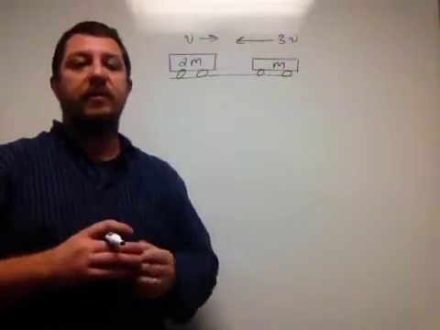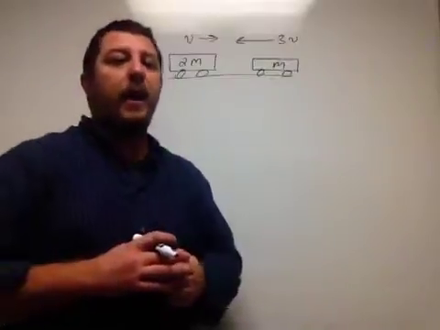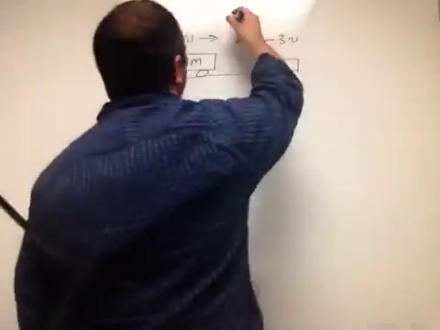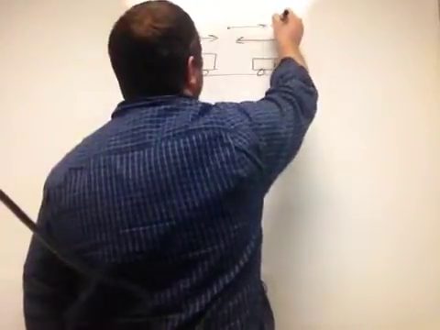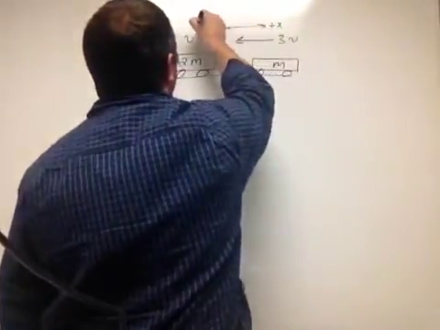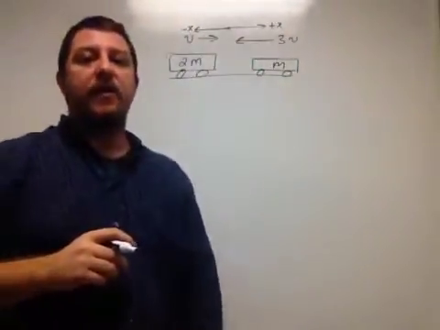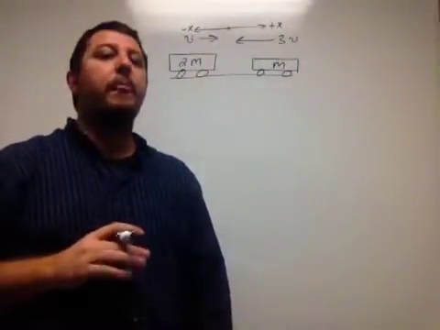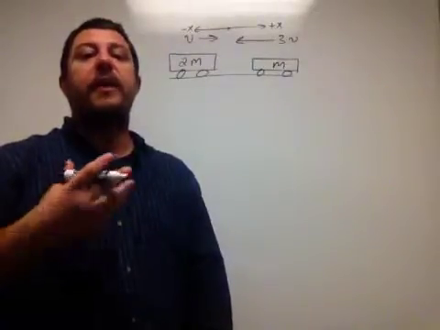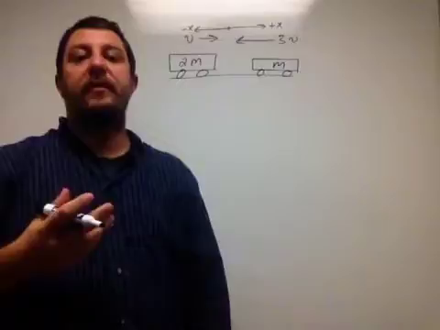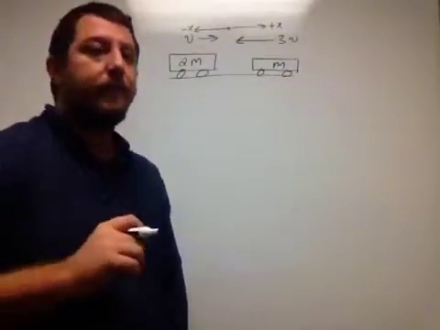I'll just use the typical convention of the x-axis moving that way, and the negative x-axis pointing in the other direction. Now we can look at the momenta before the collision and after the collision, and then find the final velocity.